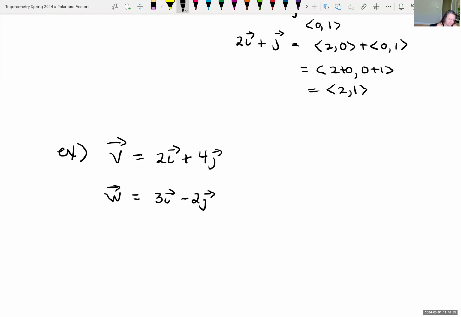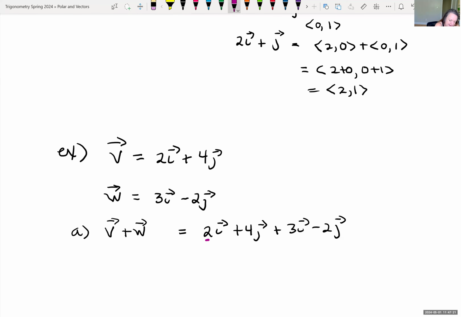And we want to first find V plus W. So basically, this is just saying that I'm adding 2i plus 4j plus 3i minus 2j.